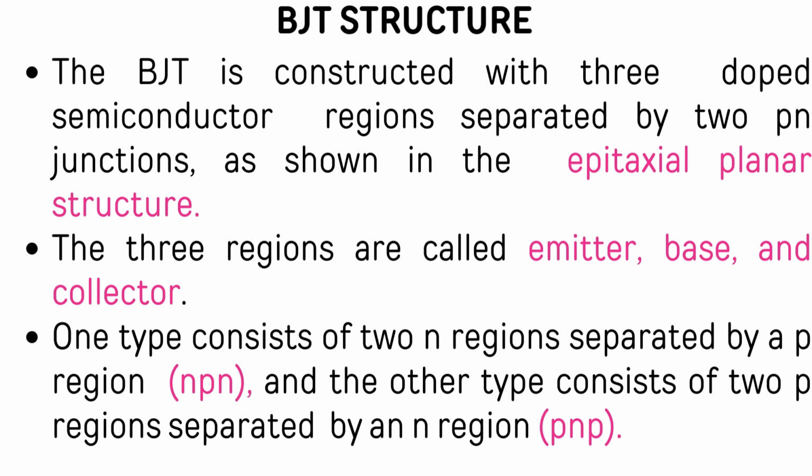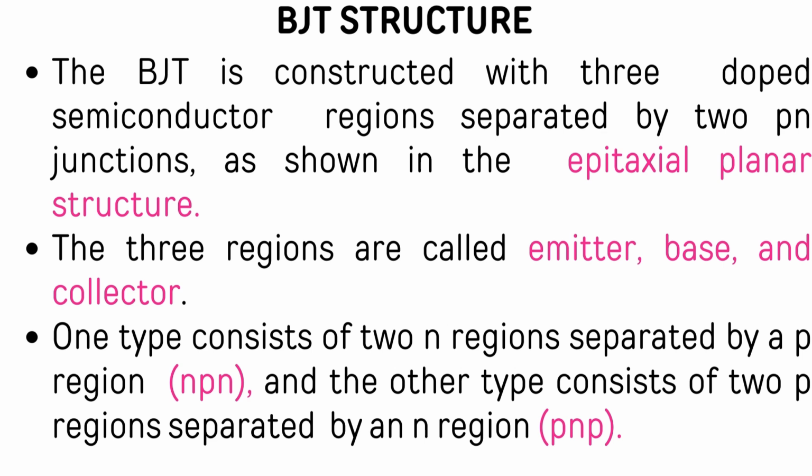BJT is constructed with three doped semiconductor regions separated by two PN junctions, as shown in the epitaxial planar structure. The three regions are called emitter, base, and collector.